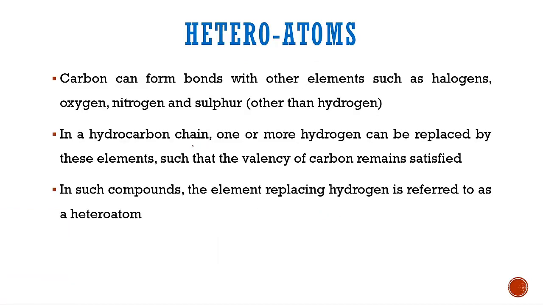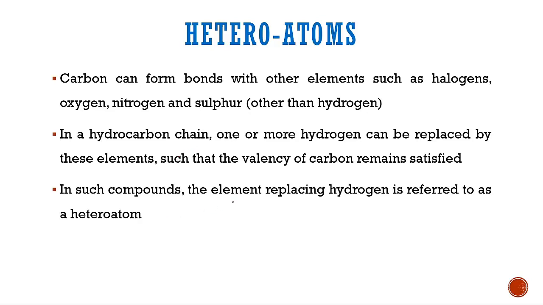Heteroatoms. In the last session we have seen compounds which contain only carbon and hydrogen in them, but when atoms other than hydrogen come into play, that is, they are attached or substituted by another atom, they are called heteroatoms, and they may be halogens, oxygen, nitrogen and sulfur.